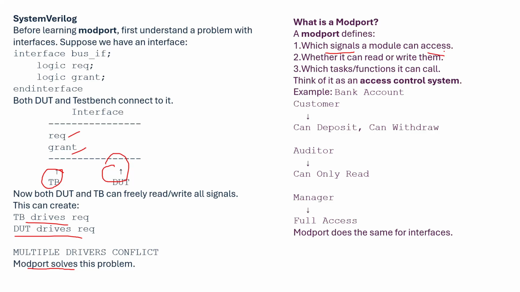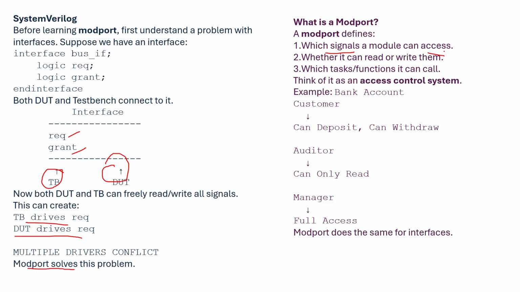What type of signals can be accessed by the DUT, what type of signals can be read and written by the TB, and what tasks and functions can be called through the module ports. All these things are explained by mod ports.